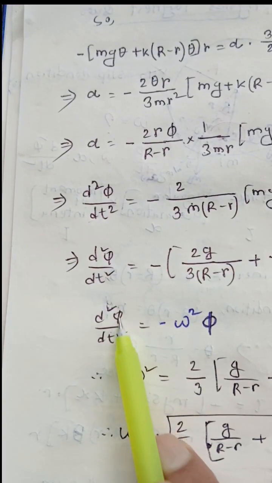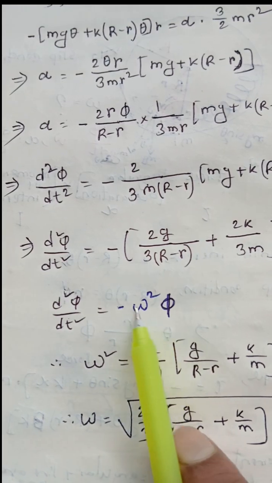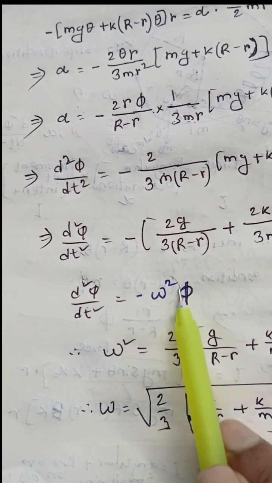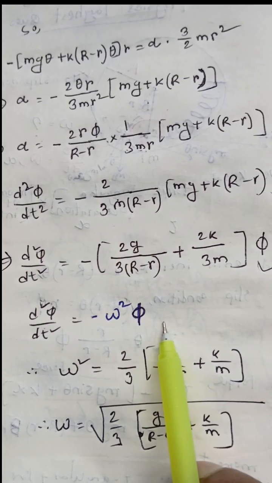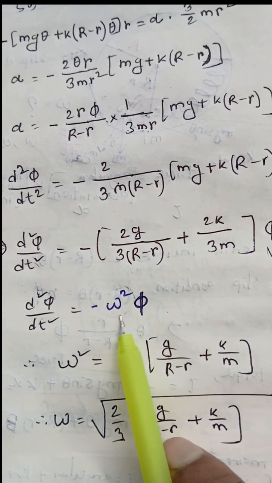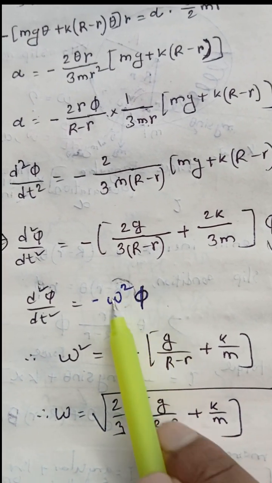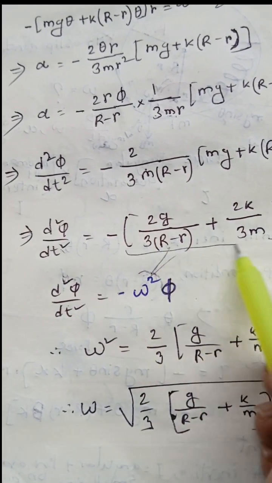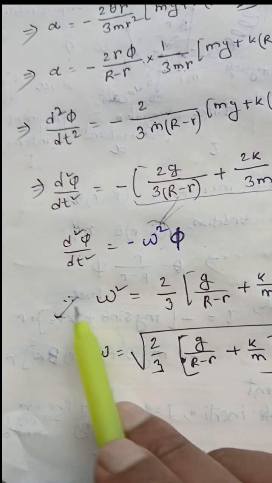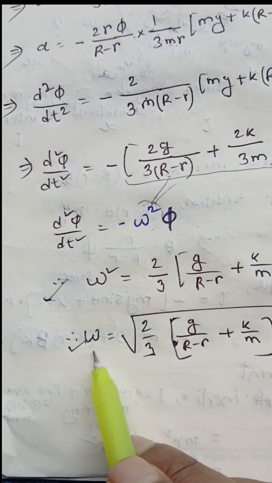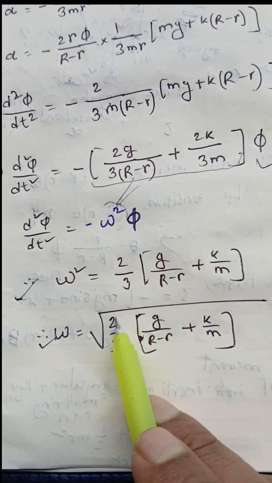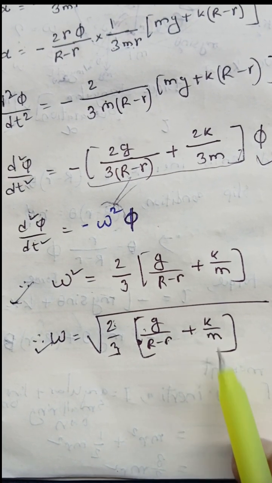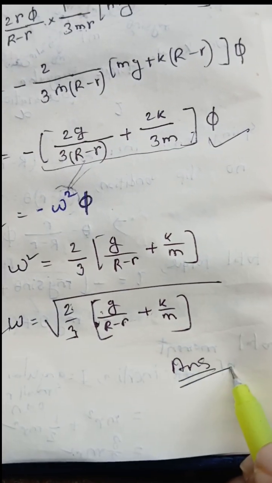We compare this equation with d square phi by dt square equal to minus omega square times phi. This is a simple harmonic motion equation, a second order derivative equation, where omega square is the square of the angular velocity. So this is equal to this value. Then we equate these, and finally we find the angular velocity omega, which is equal to root over 2/3 times (g by (R minus r) plus k by m). This is the final answer of the JEE question.